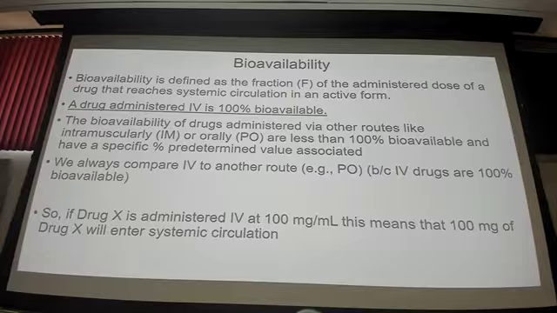Since 100% of a drug is available when given IV, if you have drug X, 100 milligrams per milliliter, that is administered, that means all 100 milligrams of drug X will enter systemic circulation.